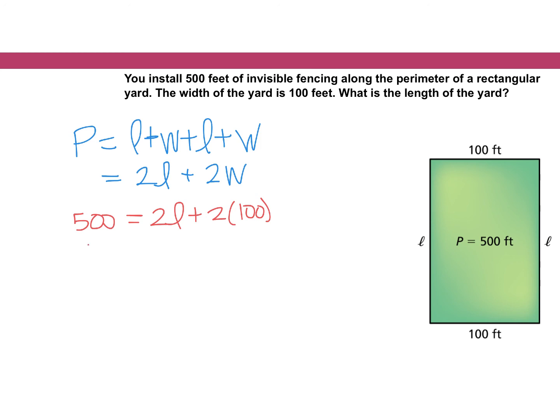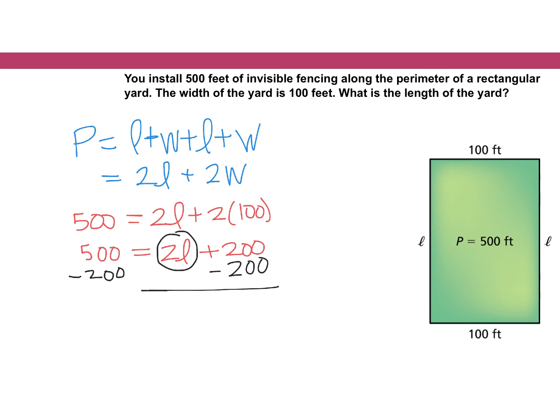So if I simplify this, I really have 500 is equal to twice my length plus 200. Now we can go ahead and start working on getting length by itself. So I kind of want to keep this as a separate piece right now. I'm going to subtract 200 from both sides. And I can see that I end up with 300 is equal to 2L.